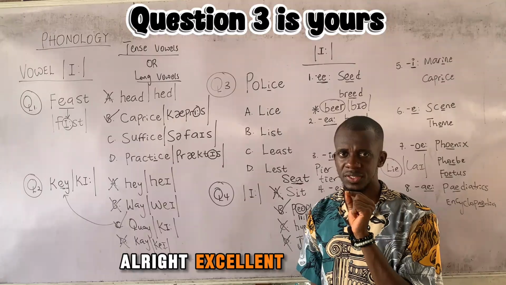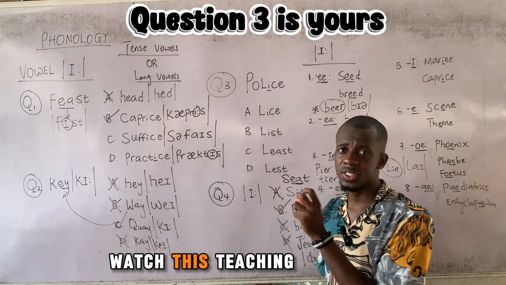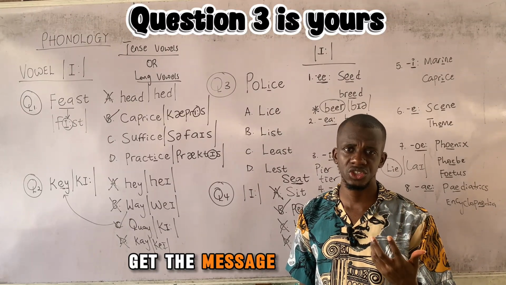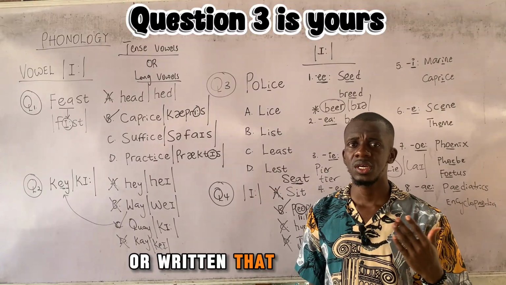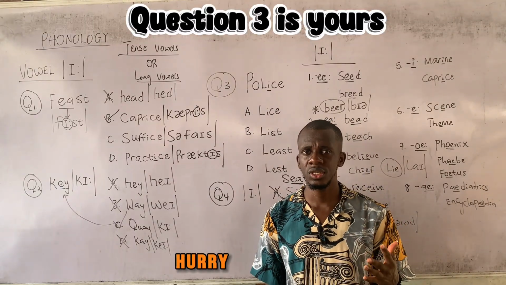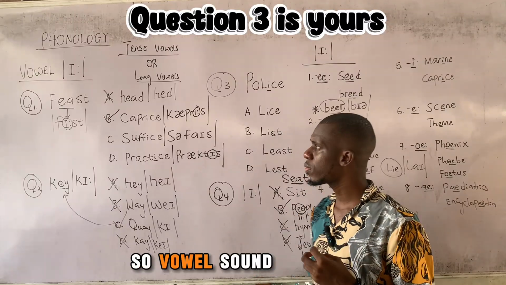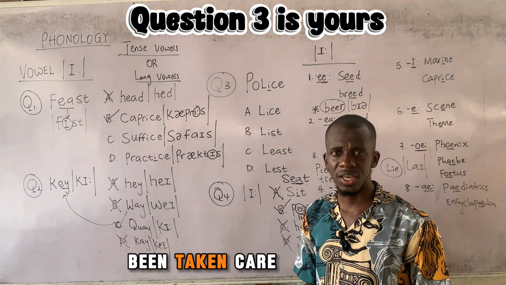Like I always say, watch this teaching over and over again so you can get the message. There could be some things mentioned or written that you may have missed in a hurry. Go over them again. So, vowel sound number 1, the E sound, has been taken care of.